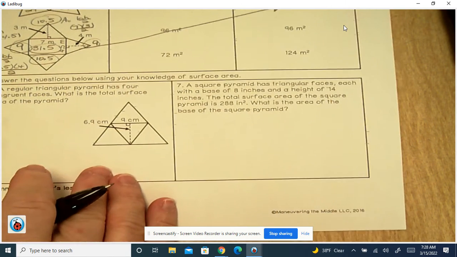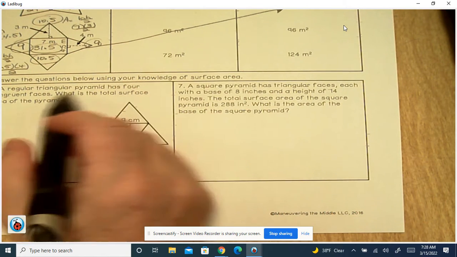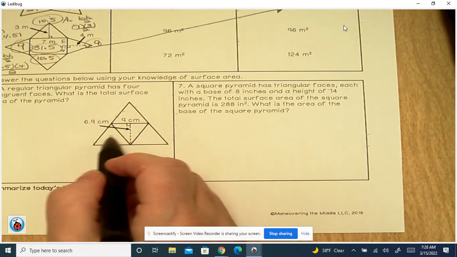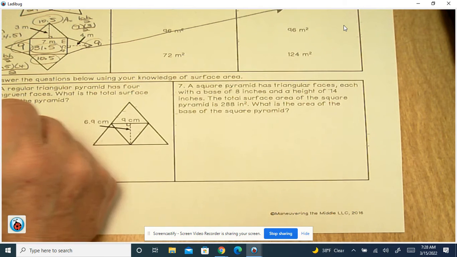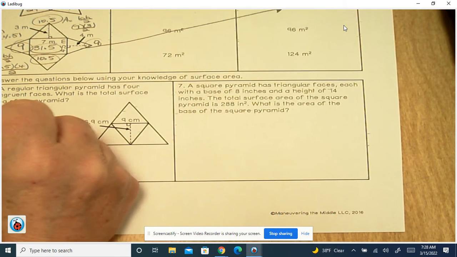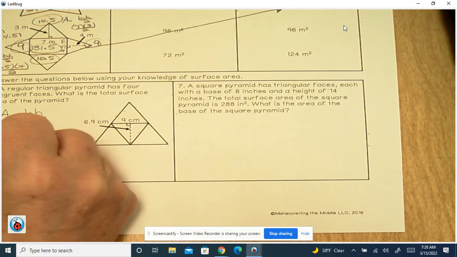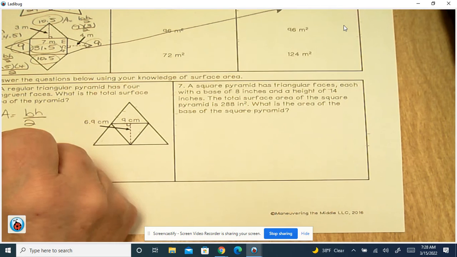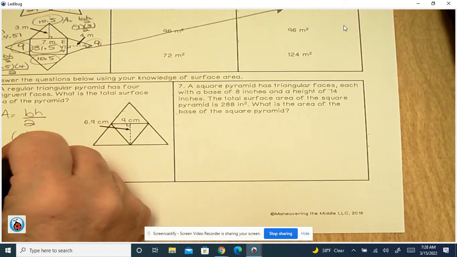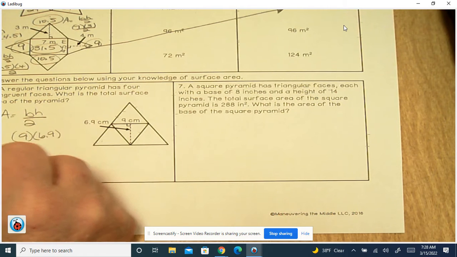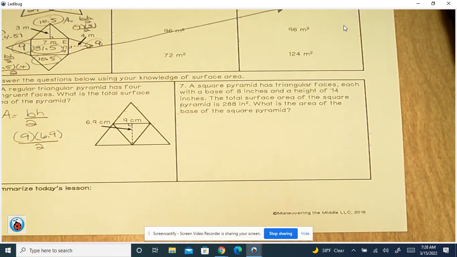All right. Number 6, a regular triangle pyramid has 4 congruent faces, so they're all the same. What is the total surface area of the pyramid? So we've got area equals the base times height divided by 2. Our base is 9. Our height is 6.9, divided by 2.